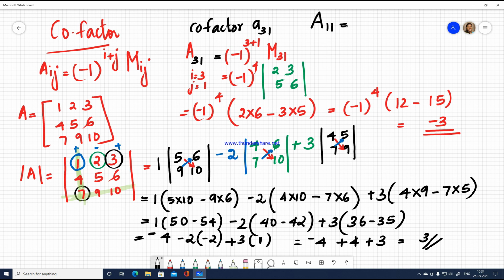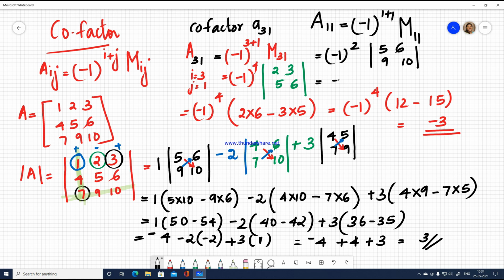Now, if I ask to find the cofactor of A11, it will be minus 1 raised to 1 plus 1 into M11, so minus 1 raised to 2. M11 means I cover this column and the row, and I get the determinant of 5, 6, 9, 10.